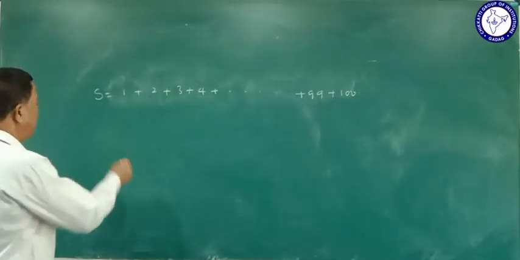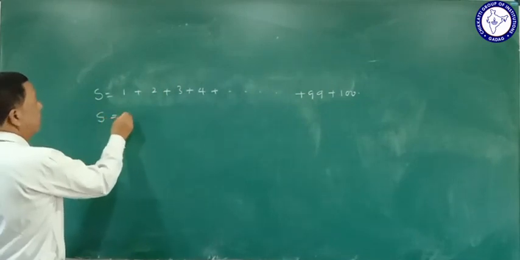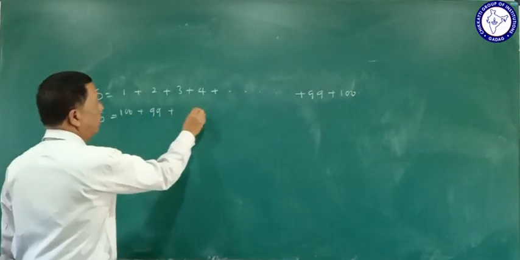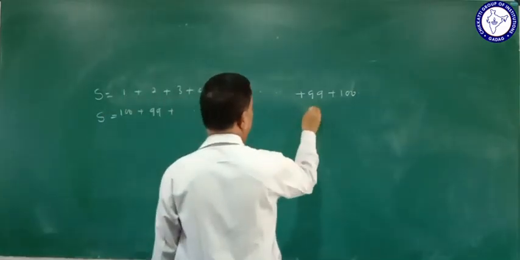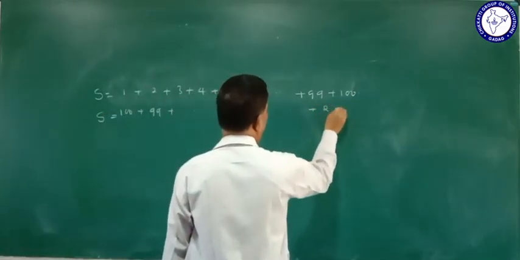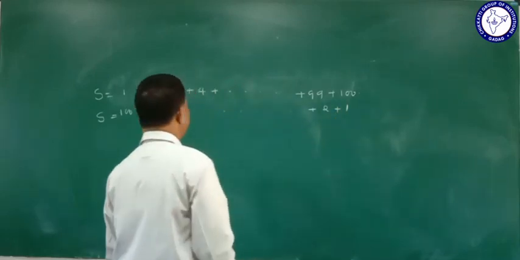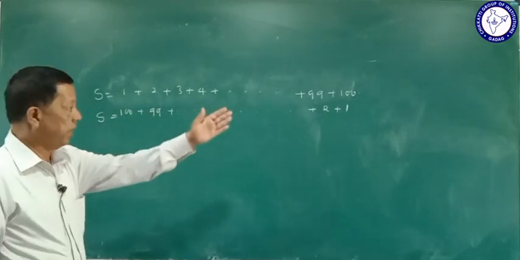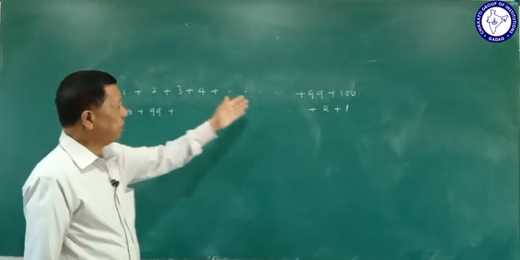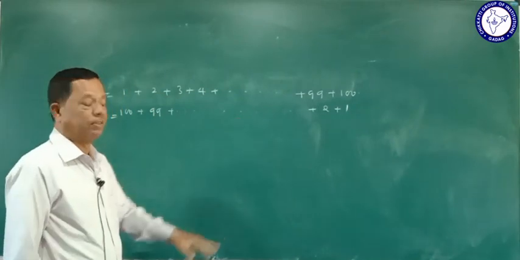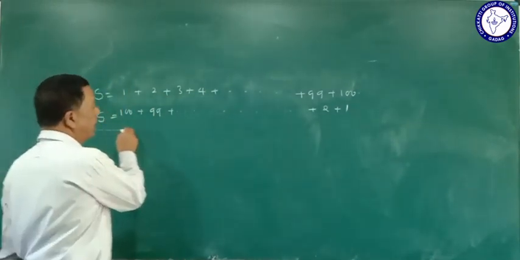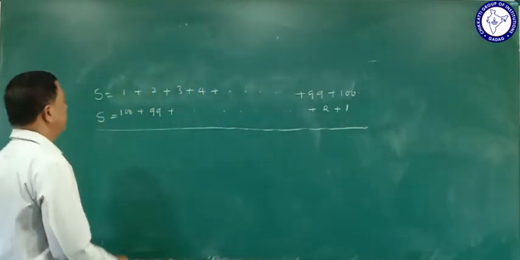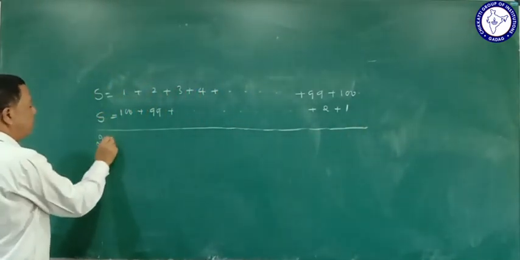What he did is immediately write in the reverse order, 100 plus 99 plus so on, plus 2 plus 1. Look at what he has written interestingly: this is increasing order and this is decreasing order. Then he added like this. Then S plus S is 2S.